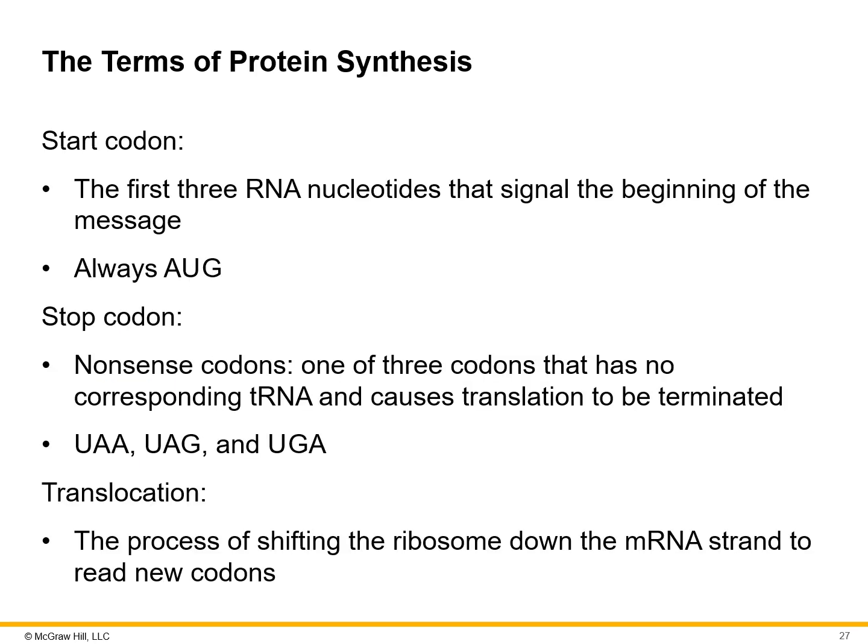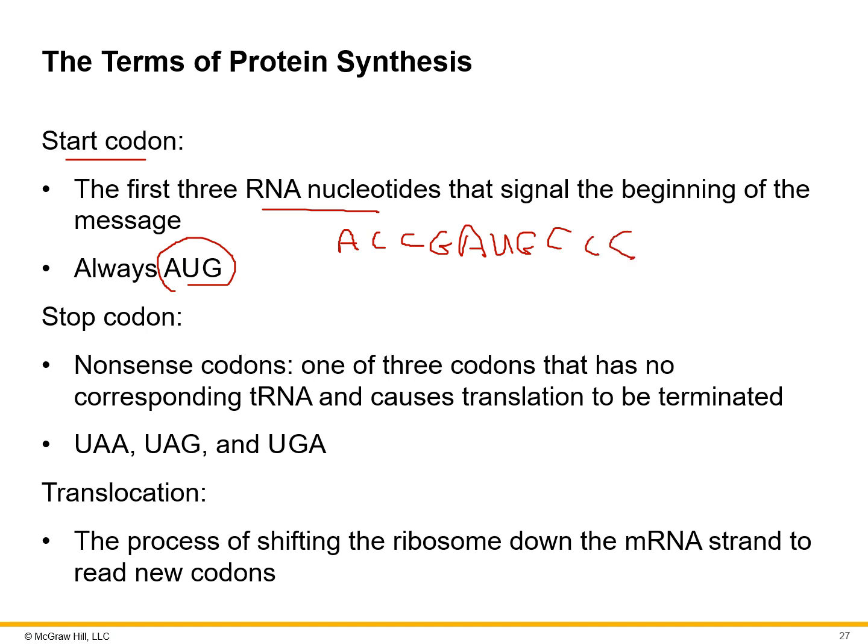If we look at some of the terms here, the start codon I'd already mentioned. This is the first 3 nucleotides on the RNA. It is always AUG. Now that may not be at the beginning of the RNA molecule, so our RNA may be A, C, C, let's say G, and then we would have an A, U, G, and then let's just make up some other stuff here.